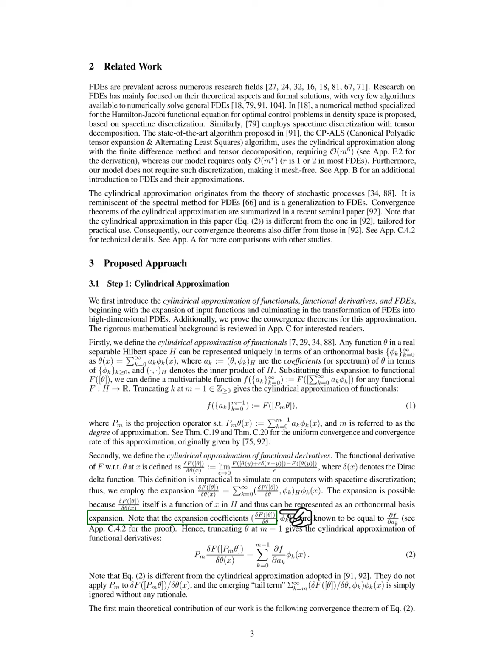Finally, we define the cylindrical approximation of FDEs, focusing on an abstract evolution equation that represents a significant class of FDEs relevant in various fields. We present the cylindrical approximation for this equation and establish a second main theoretical contribution regarding the convergence of solutions.